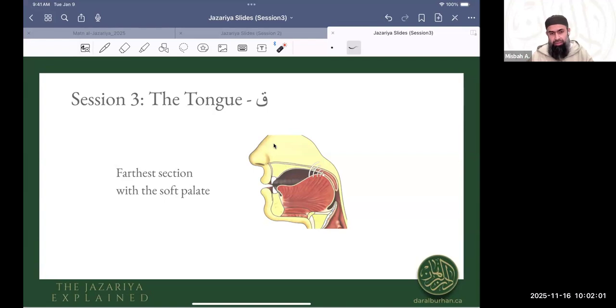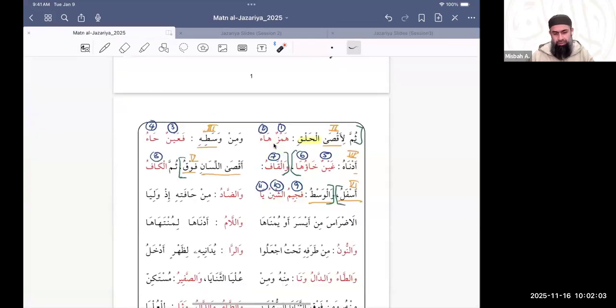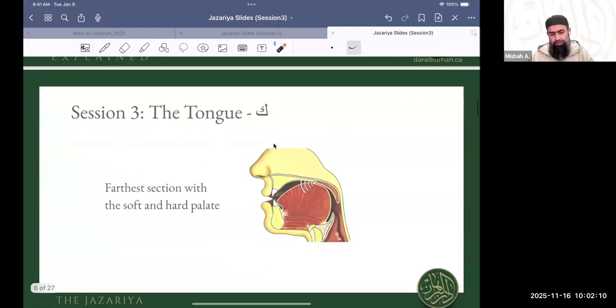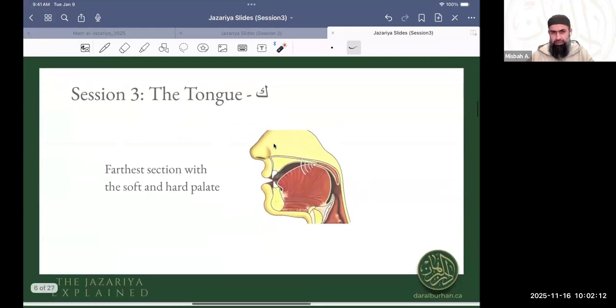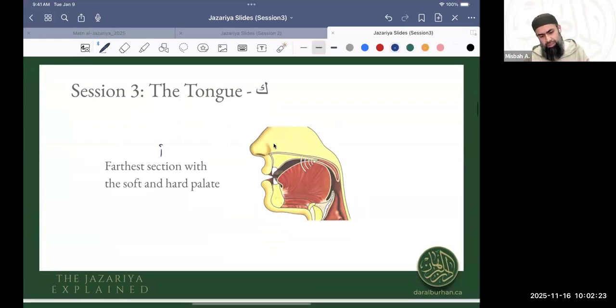Okay? And then Imam Ibn al-Jazari said what? He said, ثم الكاف أسفل. Okay? Kaf asfalu. What does that mean? Lower in the tongue, right? Further closer to the front of the mouth. Furthest section still. We're still at aqsa lisan, right?